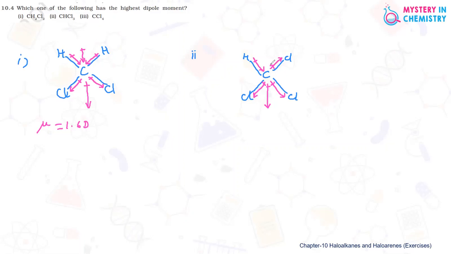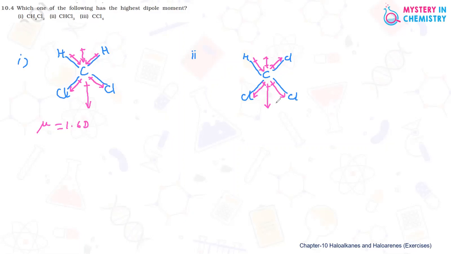Resultant of these two should be here. One is hydrogen, other one is chlorine. So resultant is upward here.